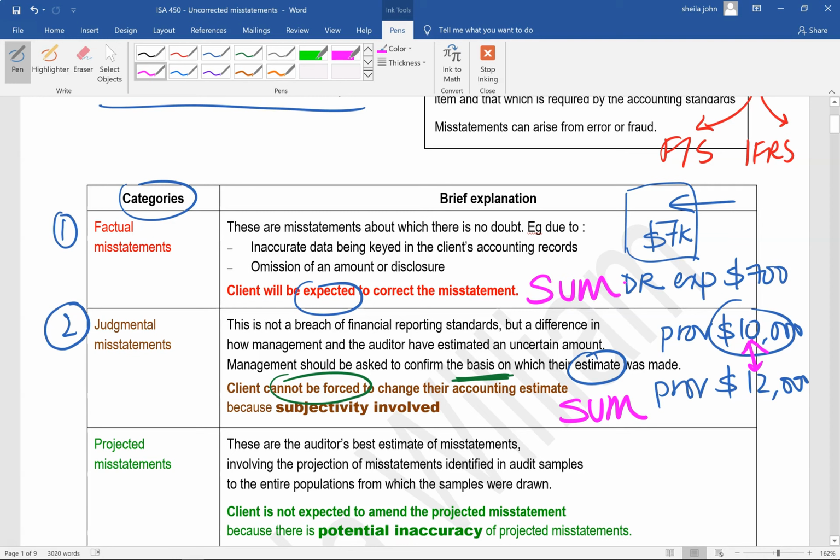We're trying to add up all the misstatements that we find during the audit because we want to come up with an accumulated figure, an aggregate sum, as to how the financial statements might be misstated. Okay, but client cannot be forced to change the accounting estimate. The best that we can do is try and understand. Okay, and if we can understand, then maybe our figure can change to 10,000. Then the figure in the summary of uncorrected misstatements can also be removed.